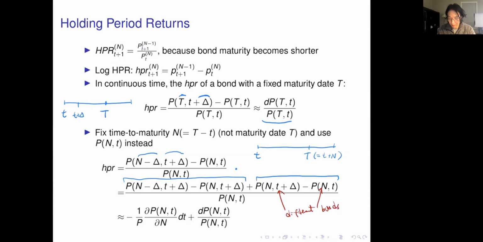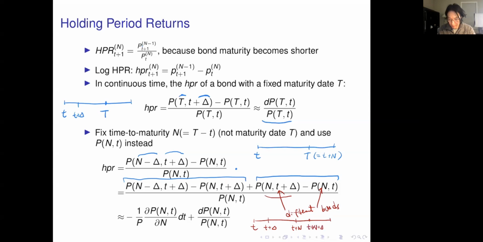Okay. So the first one here, you can think of it as time t to t plus n, and t plus delta and t plus n plus delta.